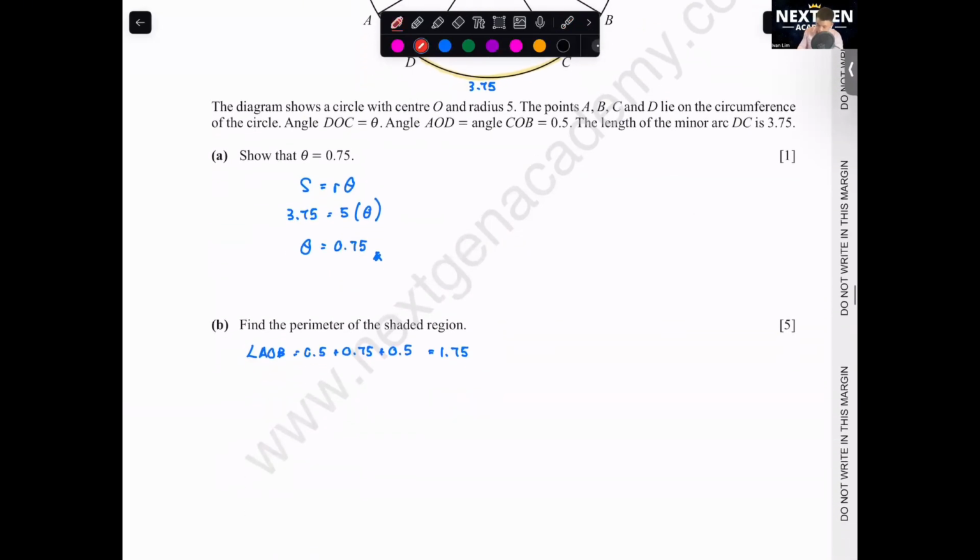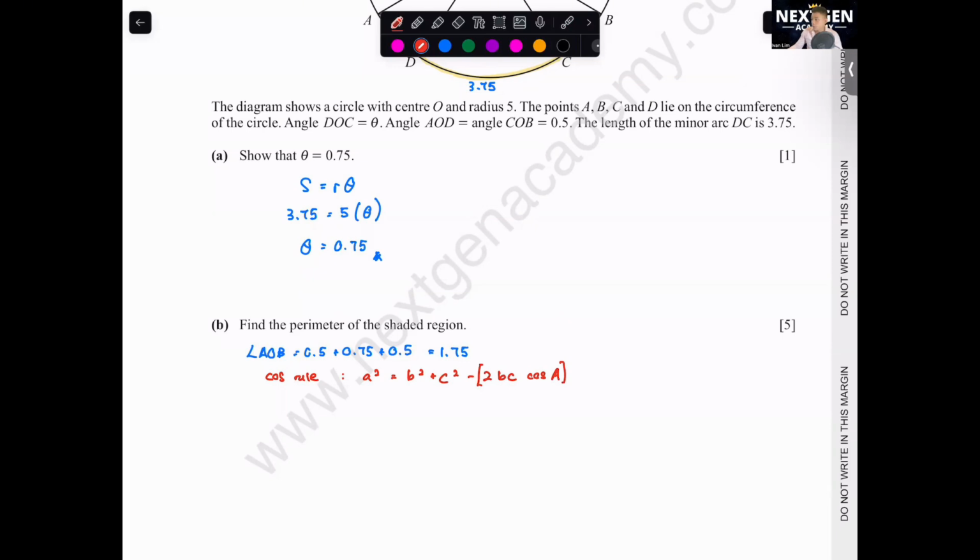So I'm going to use cos rule, which is a square equals b square plus c square minus 2bc cos A. We have to memorize how to do this working.